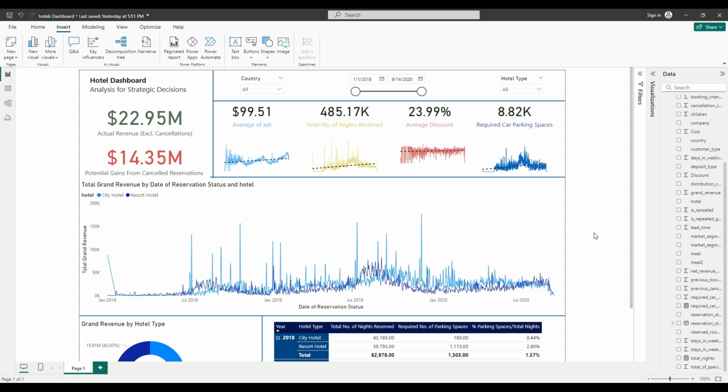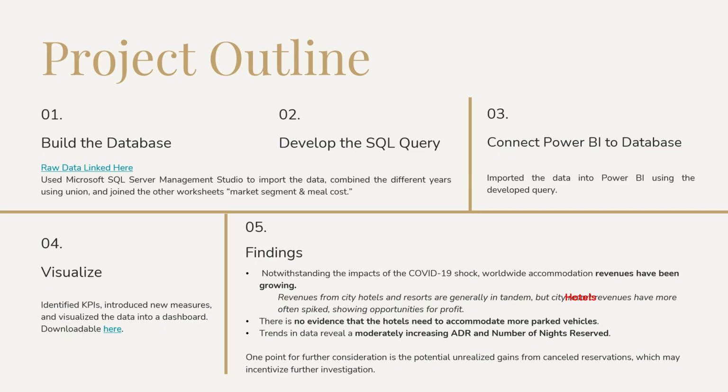So let's check now. Have we answered the stakeholders' question? From our dashboard, the stakeholders should be able to see that notwithstanding the impacts of the COVID-19 shock, worldwide accommodation revenues have actually been growing, and revenues from city hotels and resorts are generally in tandem, but city hotels' revenues have more often spiked, showing more opportunities for profit.